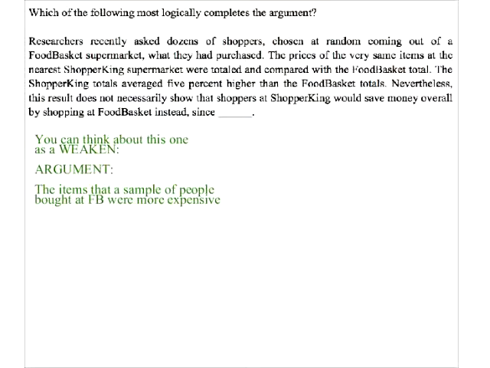Therefore, random shoppers at Shopper King would save money by switching to Food Basket. And you're trying to weaken this, because it does not necessarily show that. So you can think of it as a weakener of it does show this.